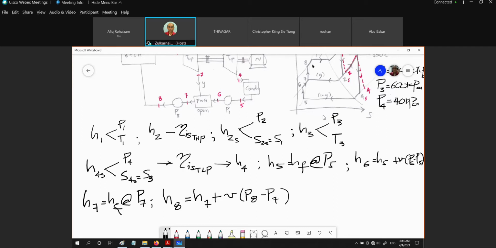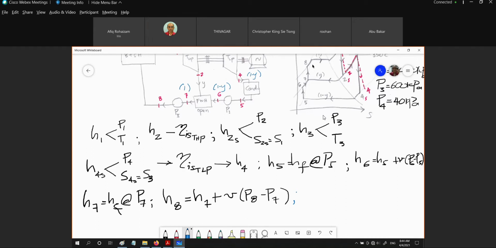And lastly, how to get the Y value. This is our schematic diagram of the open feed water heater. The energy in is equal to the energy out. Please take note that right here, the fraction of flow is 1 minus Y. Same goes for this part, this is 1 minus Y. So Y plus 1 minus Y, what we have at 7 is 1.